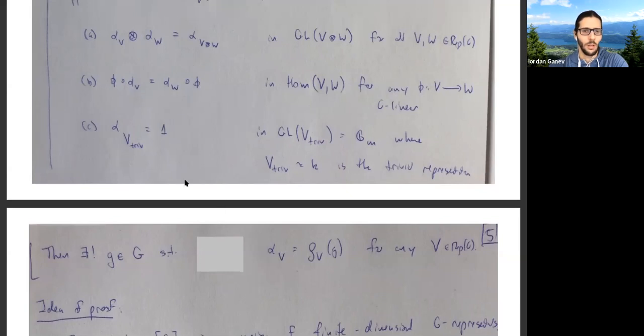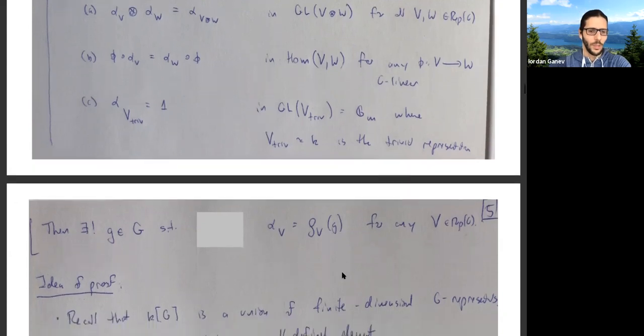And then the theorem says that if you happen to have alphas that satisfy these properties, then it must have been coming from the group. So alpha v must be rho v of g for some element of the group, and that element does not change as you go from representation to representation. So I hope that makes some sense. I'll give another way to state this result in a minute.